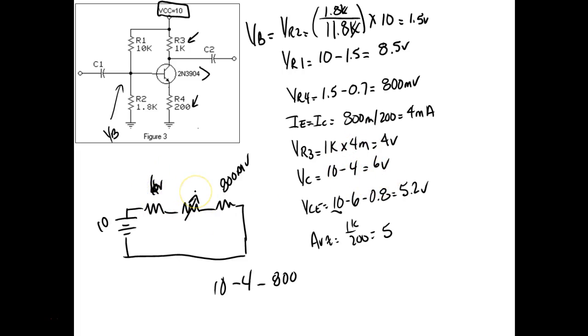I'm sorry. 10 minus 6 minus 0.8 is 6 minus 0.8, which is 5.2. That kind of confusion right there. It's 10, which is the applied voltage, minus the voltage drop across this resistor, minus the voltage drop across that resistor.